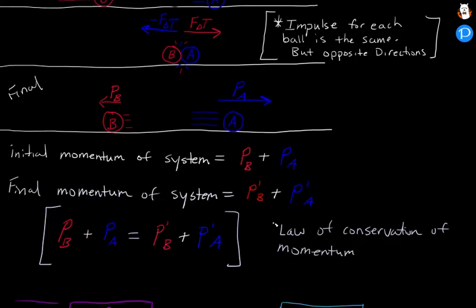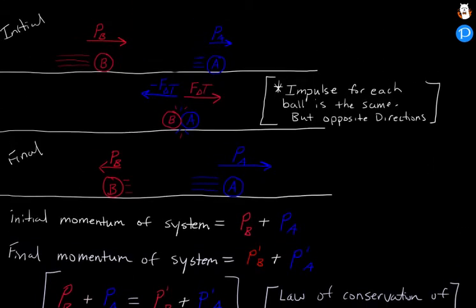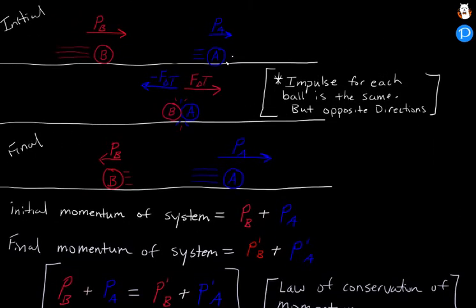So the law of conservation of momentum basically says that for any closed system, so if we say that this is a closed system, just looking at ball A and ball B, anything that happens within that system, the momentum is going to be conserved.